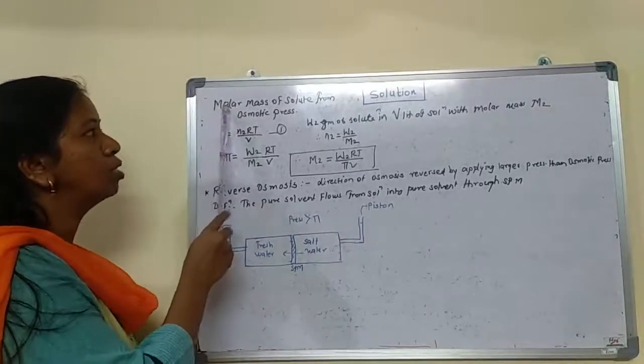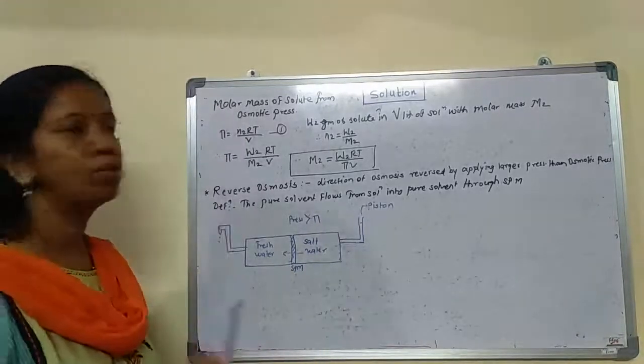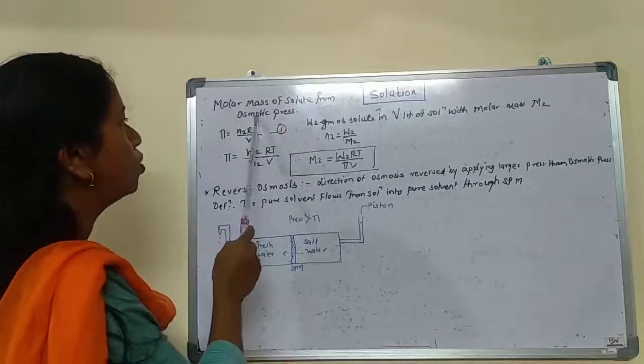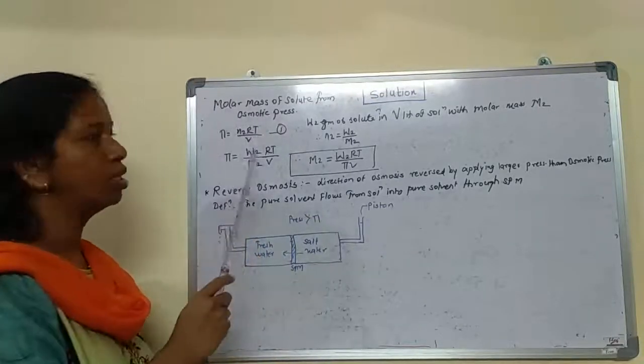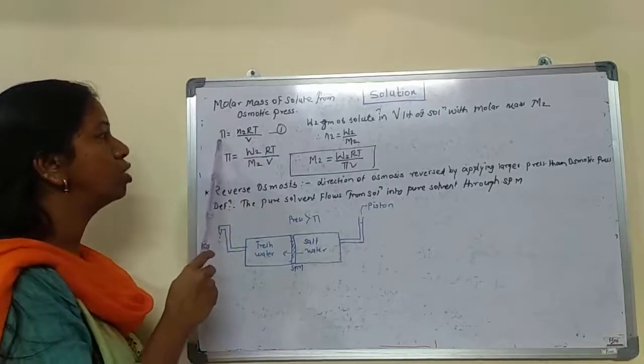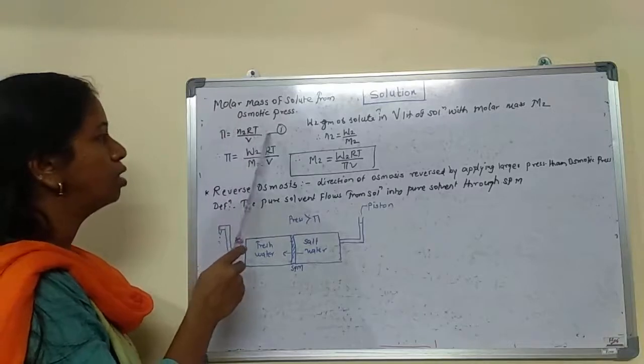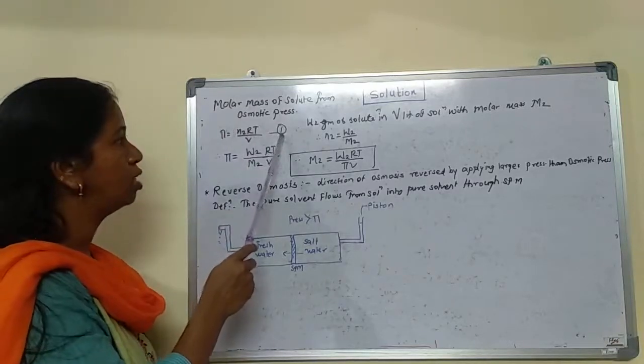Here we start a new point, that is molar mass of solute from osmotic pressure. So how do we calculate the molar mass from the osmotic pressure? We have the relation of osmotic pressure, pi = n2RT/V. Suppose we call this equation 1.